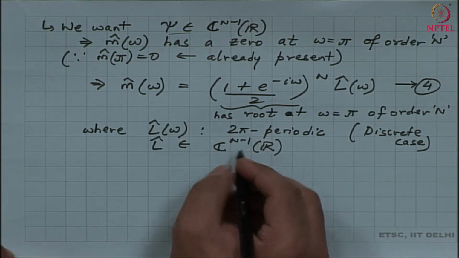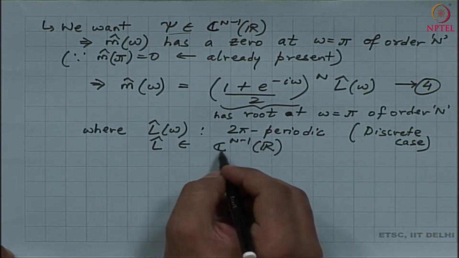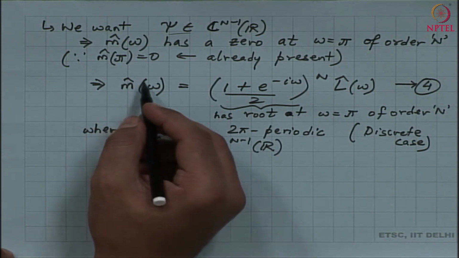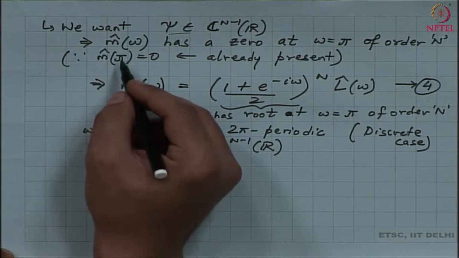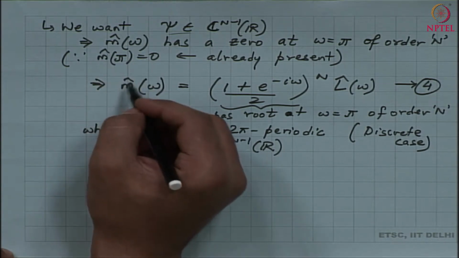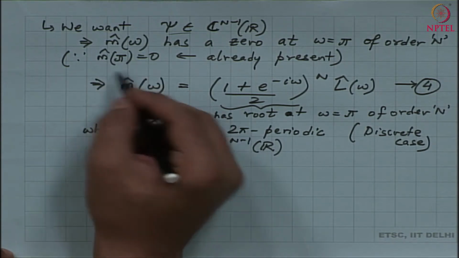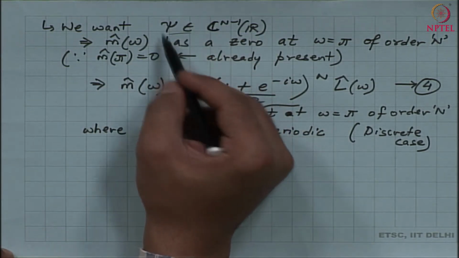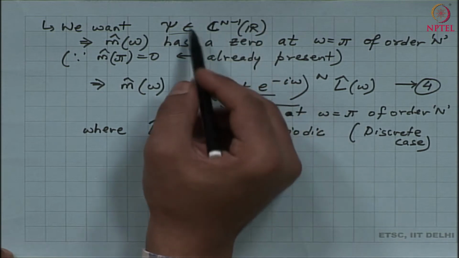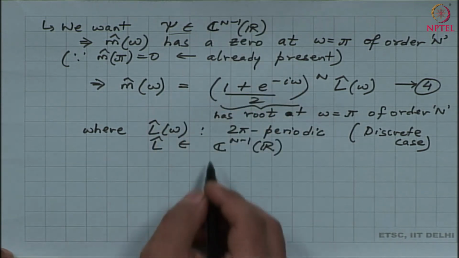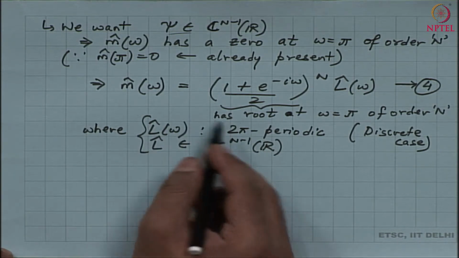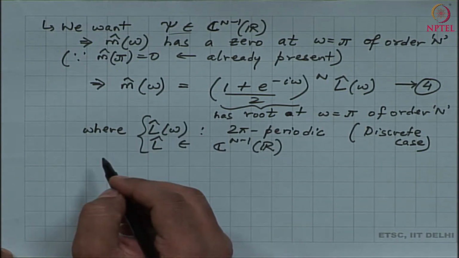If that is the case, I have made sure that my original function, which will be the inverse transform of this associated generating polynomial function times some other function, will also be n minus 1 times continuously differentiable. So, I need these two conditions.